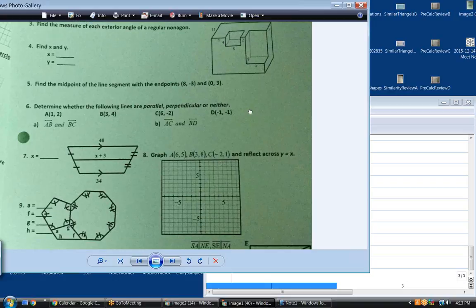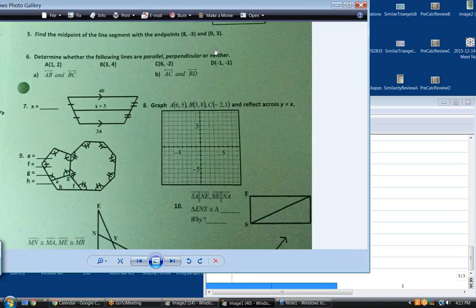Interesting. Okay. What's the midpoint of a line whose endpoints are those? What's the x-coordinate? Remember, the midpoint is the midpoint of the x's and the midpoint of the y's.